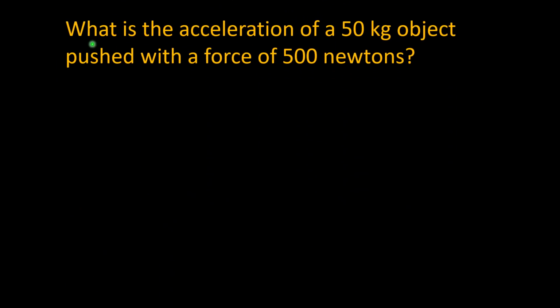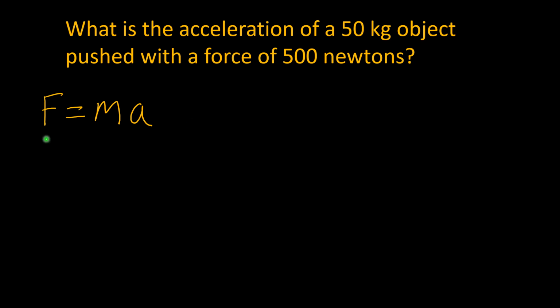In this equation, they're asking what is the acceleration of a 50 kilogram object pushed with a force of 500 newtons. So of course the equation we're going to need is force equals mass times acceleration. However, we're going to have to rearrange this equation because if you notice, the question is asking for acceleration.